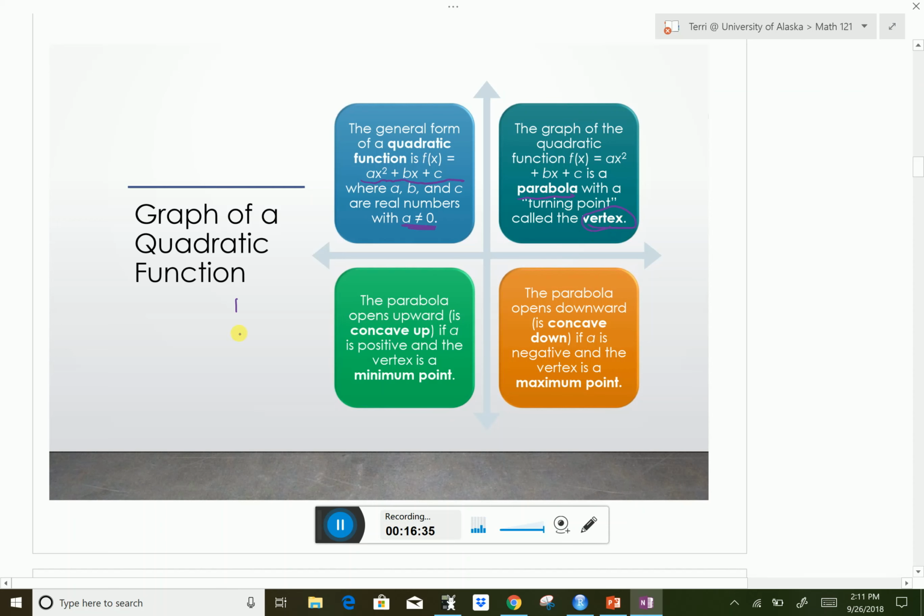So if my parabola opens up like this, then the vertex is a minimum point. And if it is concave down, the vertex is a maximum point. Now, if you don't know what concave up and concave down mean, an easy way to think about concave up is it holds water. I call it a happy graph.